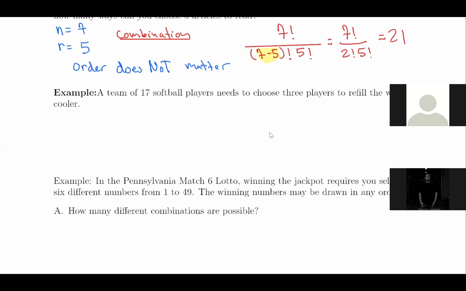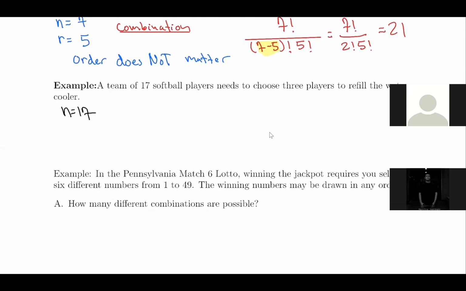How many softball players do we have to choose from? 17. So that means n is equal to 17. How many of these 17 softball players are we actually going to choose? 3. So we say r is equal to 3.